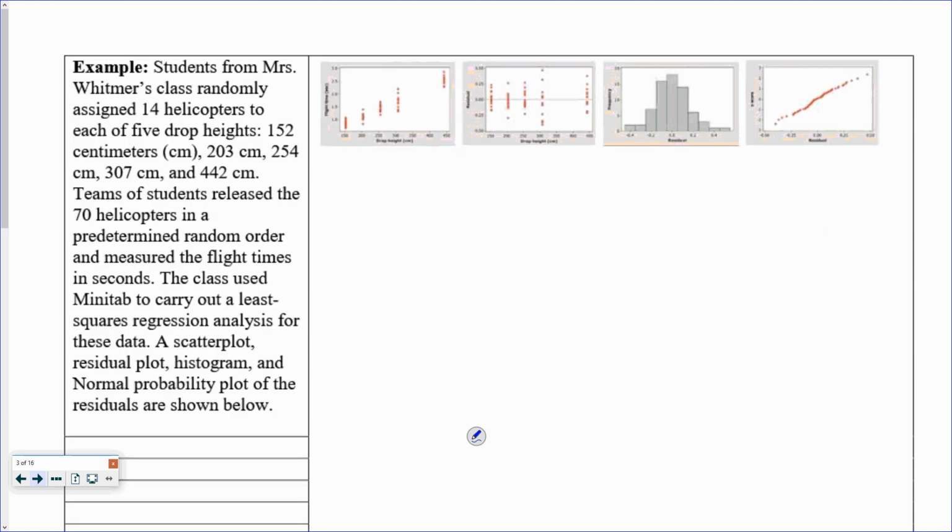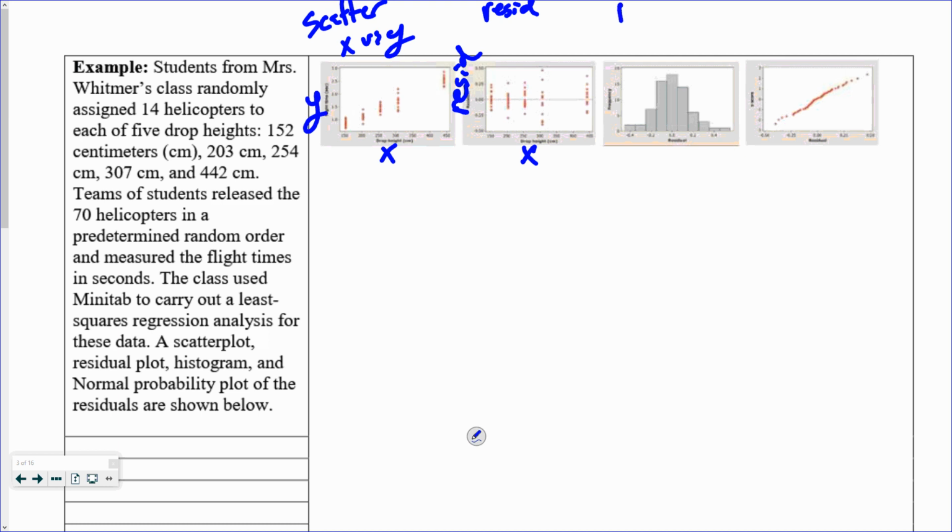Like in this example right here, we have 4 plots. This is a scatter plot of x versus y. This is a residual plot with our residuals on the y-axis and our x values on the x-axis, obviously.